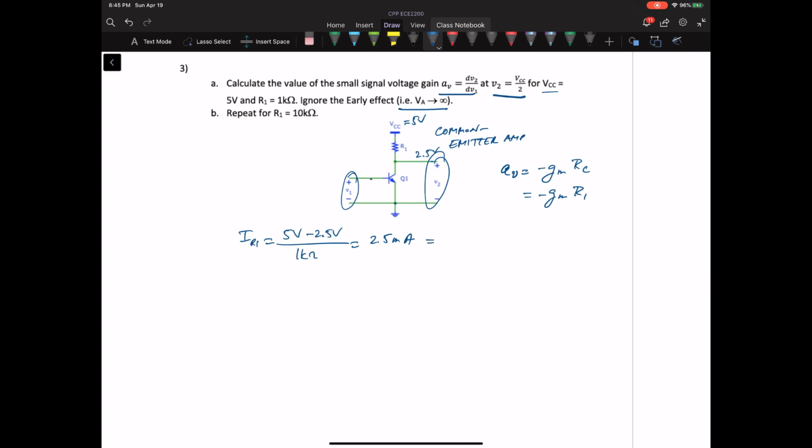Because we don't have anywhere else for that current to go, this also becomes our I sub C for Q1.